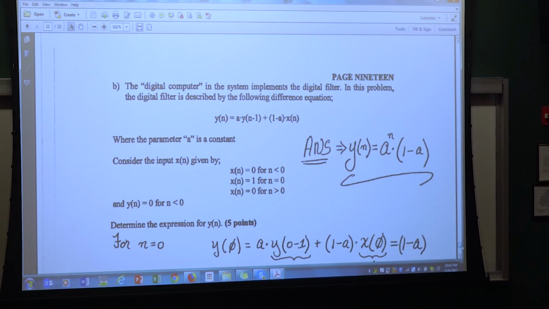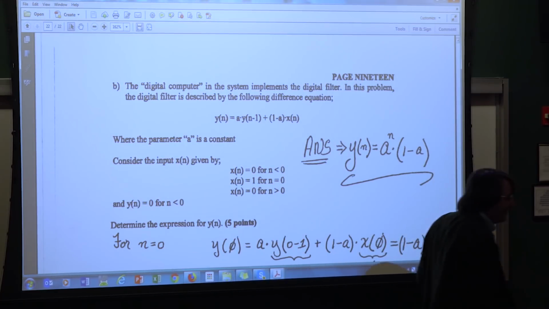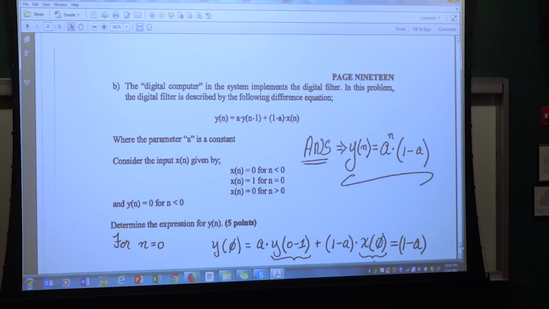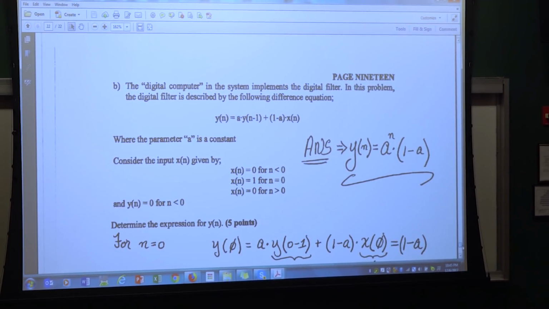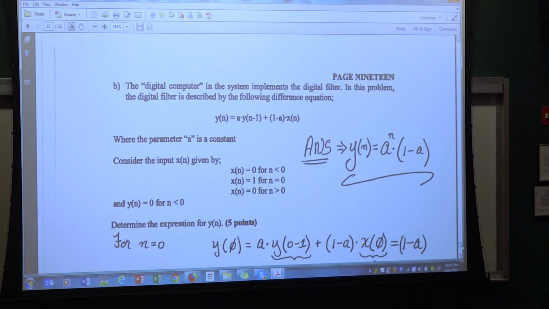A recursive equation for Christmas. All right. So now we have a recursive equation here, and we're going to solve this. We're going to figure this out. It says the digital computer implements the following equation.